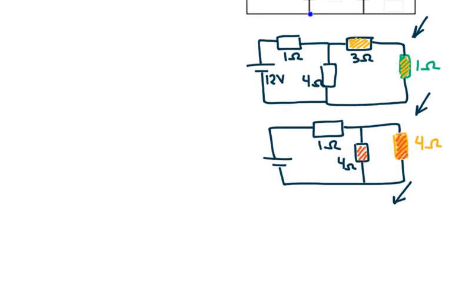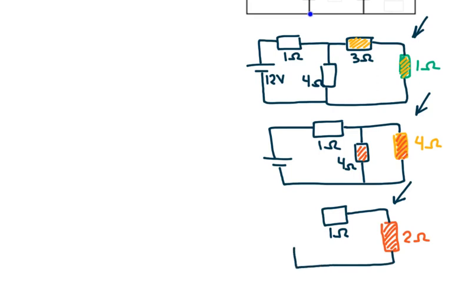And so those two resistors are in parallel, so I will have 1/4 plus 1/4, the result flip over, and that will give me 2 ohms. And then I have the 1 ohm resistor and the battery. And the battery is 12 volts.